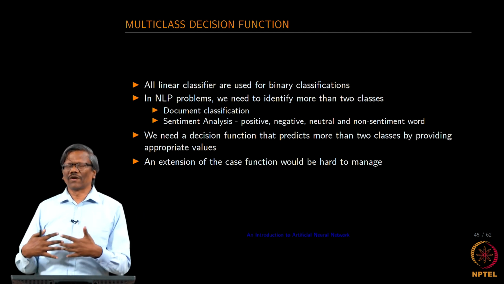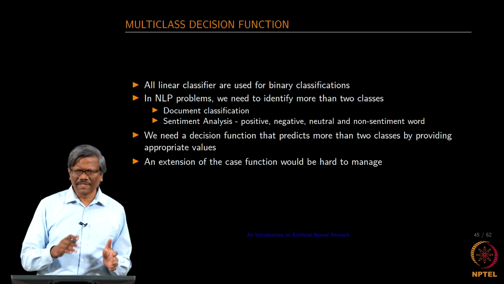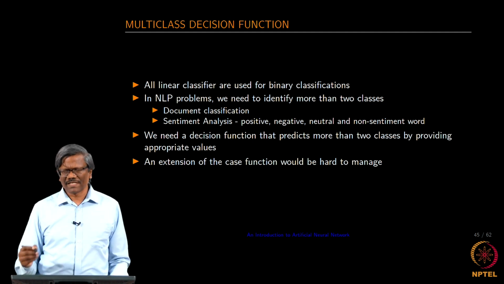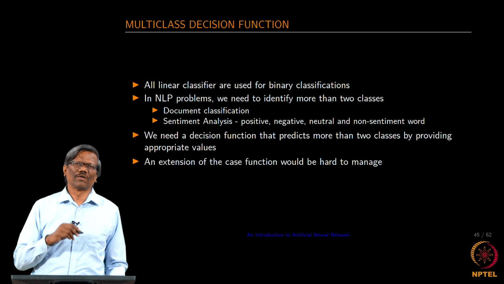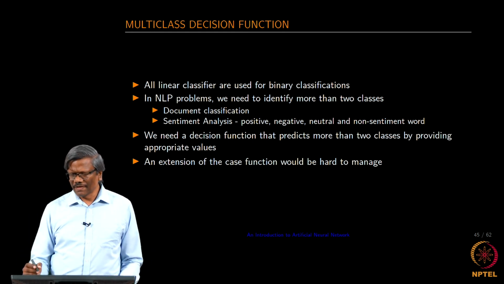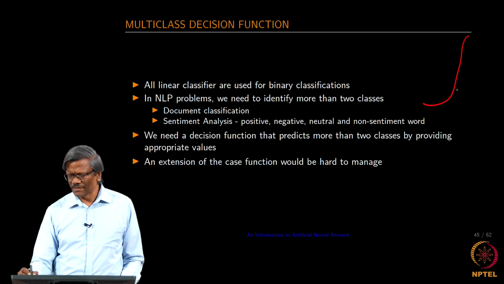So, how do I accommodate that? Most of the activation functions that we are talking about either squash the value between 0 and 1 or -1 and +1. So, it is going to be very difficult for me to use multi-class using that, right.